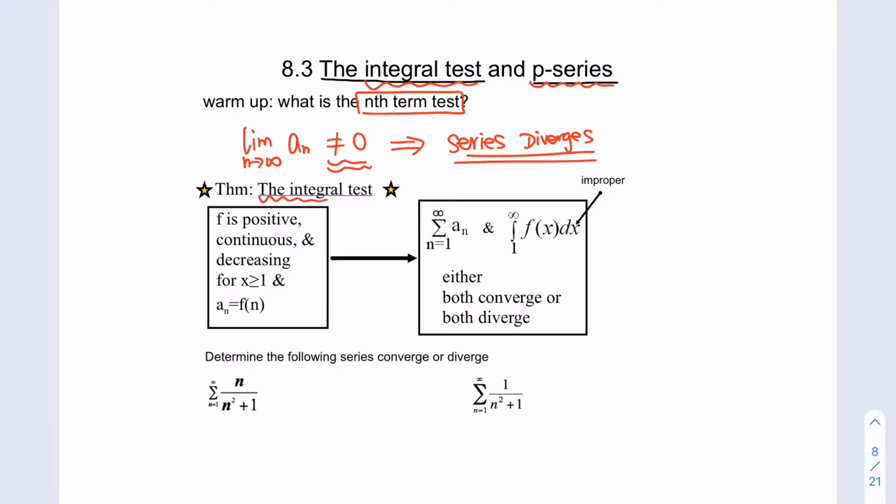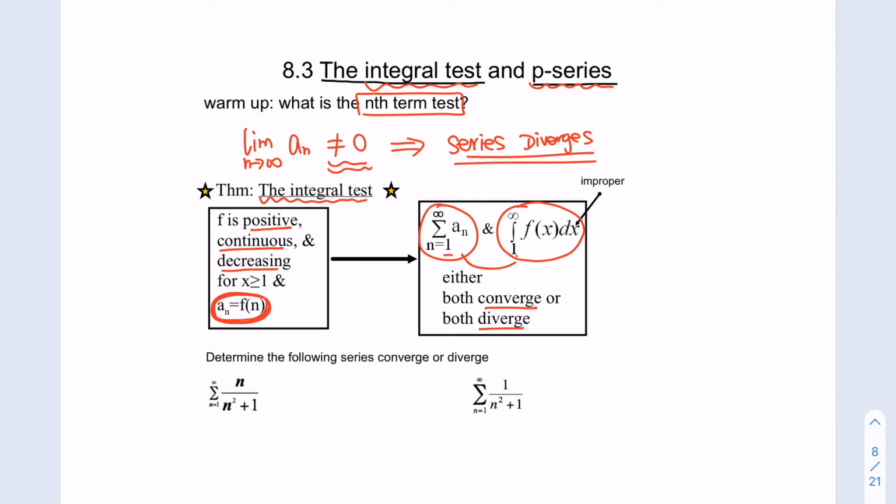The integral test. So what does the integral test tell us? If a_n, the nth term, we take it as a function f of n here. If f is positive, continuous, and decreasing, then the series from 1 to infinity and the integral from 1 to infinity of f(x) dx either both converge or both diverge.